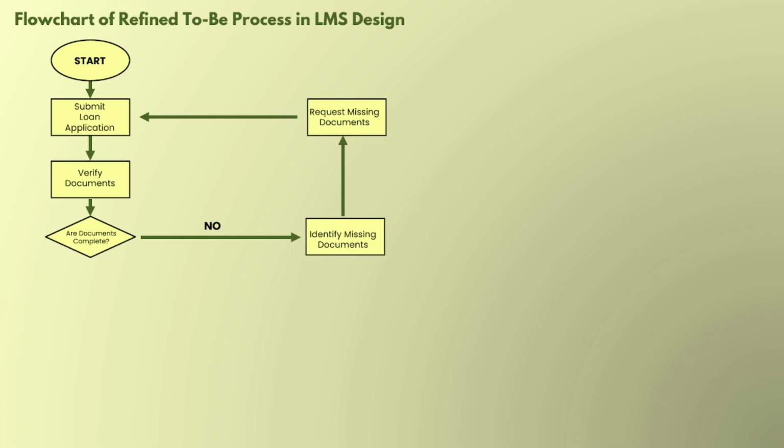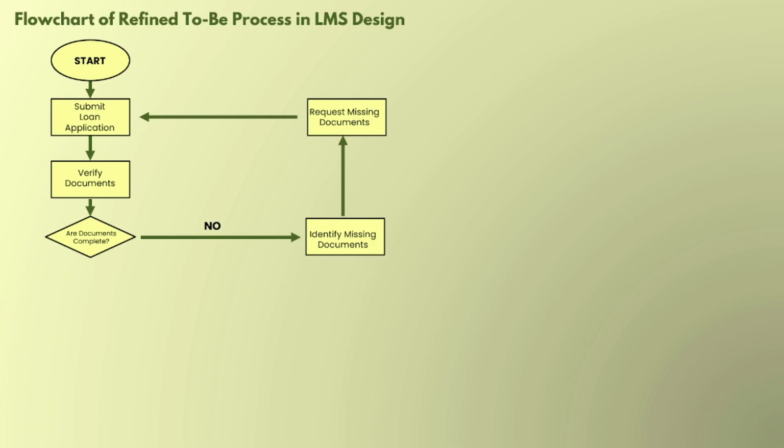Once it is decided that documents are not complete, then it is obviously no. Then what the system needs to do is identify the missing document. Once the system identifies the missing document, a request is sent for the missing document to the customer at the first stage, where they submit the loan application, saying that your documents are not completed yet, so you need to provide some documents.